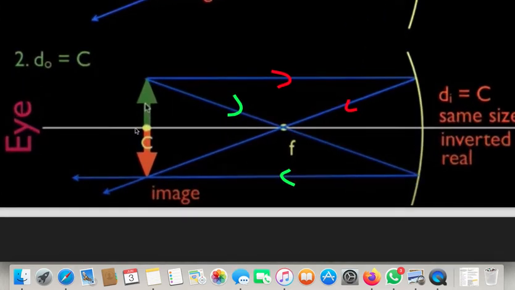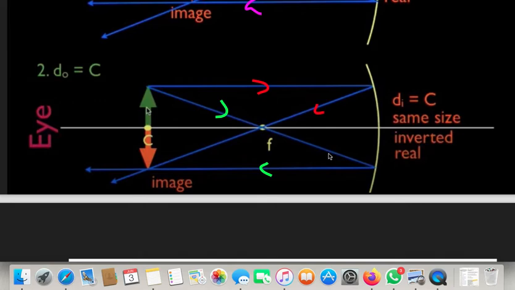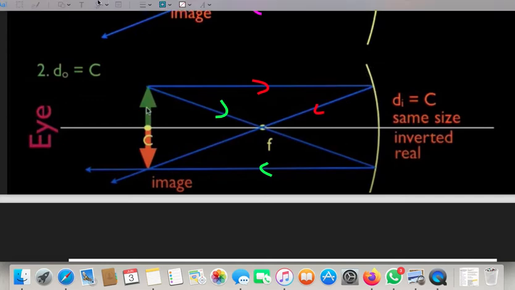Let's discuss this. Whenever the object is at C and we have a concave mirror, now see, a very very important thing is missing here. What is that? It is the polishing of the mirror, my dear students. If that is not there, remember, again I'm repeating the same thing, then the examiner won't give you any marks.